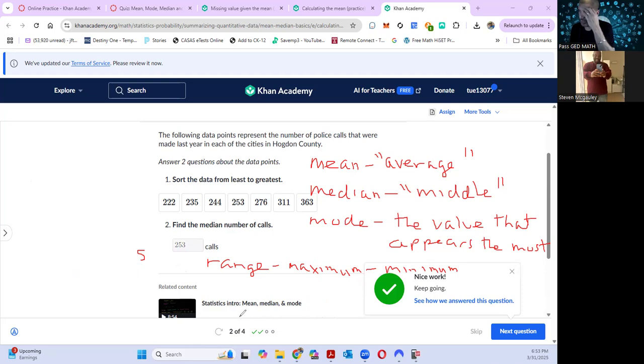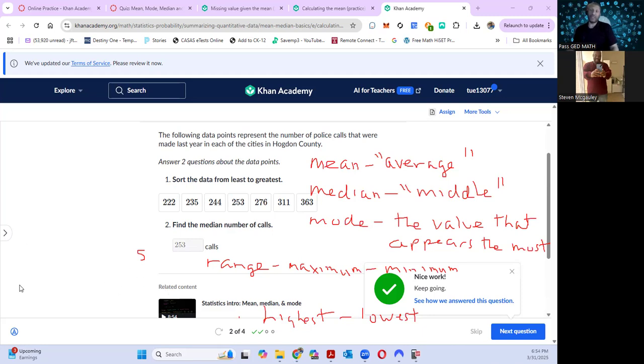What you said was highest minus the lowest. That's still the same thing, so if that's the way you remember it, that's fine. But the problem is they may use the words maximum and minimum, so you should know what they are. Maximum is the highest, minimum is the lowest.